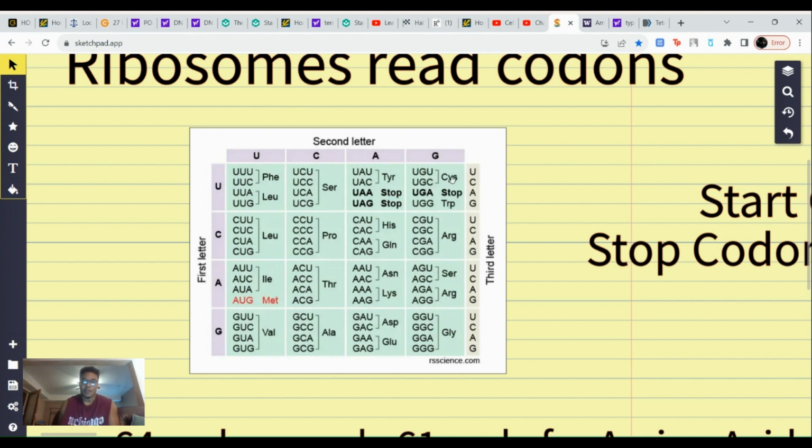If you want to learn a little bit about amino acids, which are the building blocks of proteins, hence translation, we translate mRNA into protein. Proteins are composed of amino acids, and these groups of 3 nucleotides, these codons, can code for them.